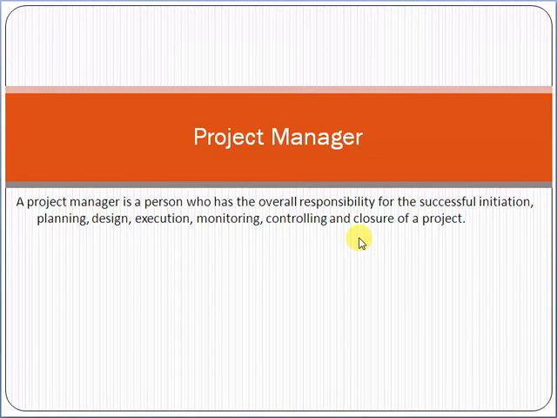You can think of a project manager as the captain of a team, but related to the project. So a project manager is a leader who has the overall responsibility for the successful execution of a project.